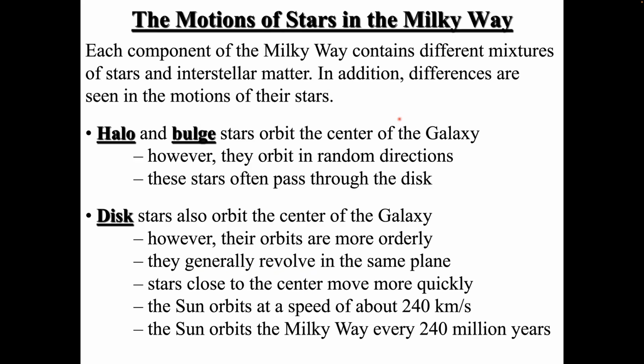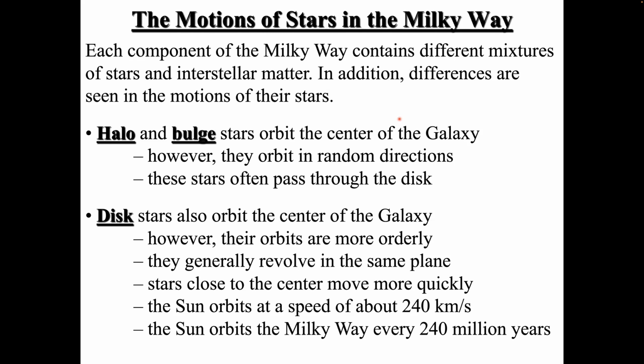Now let's look in a little more detail at the motion of the stars in the Milky Way. If you look at each component separately, especially the halo and the bulge stars, they orbit around the center of the Milky Way. However, their motion is very random, so they move in different directions. There is no proper direction that they are moving, they just move here and there.